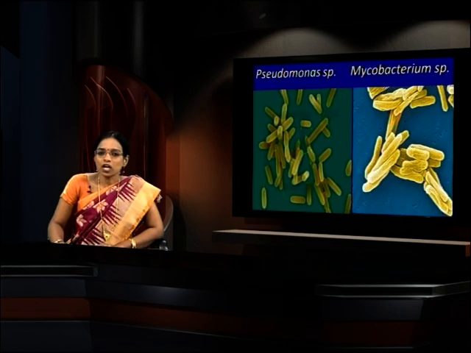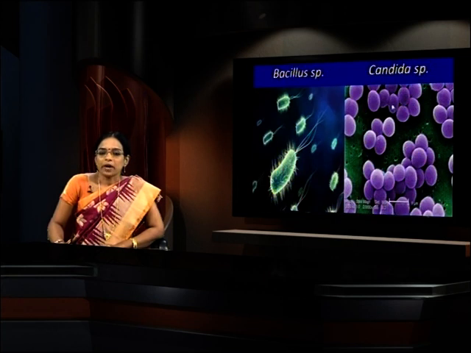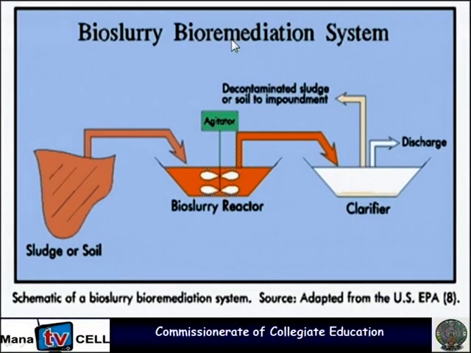So, Pseudomonas, Mycobacterium, Alkaligenes, Nocardia, Arthrobacter, Corynebacterium species, Bacillus species, and Candida, Aspergillus, these are fungi, and Xanthomonas, this is bacteria. So, these are the main organisms which are used in biodegradation or bioremediation.